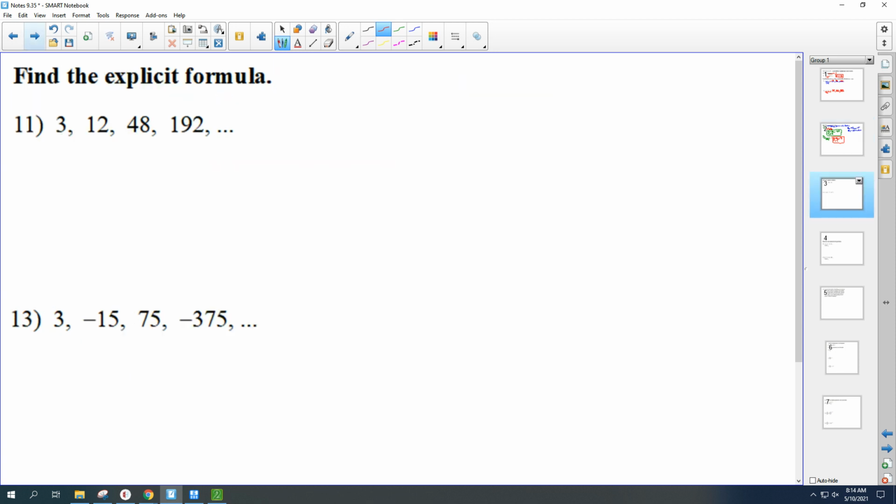Now we need the explicit. So again, recall from last time, when we talk about explicit, we just want to use n. We don't want to use previous terms. We want to use n. And so the explicit formula for a geometric looks like this.